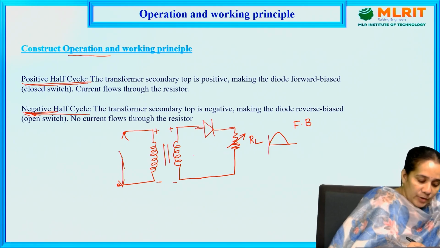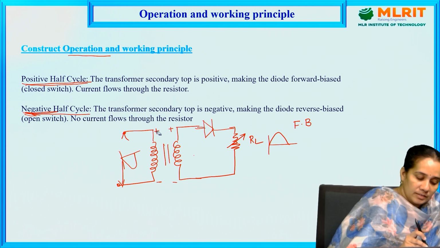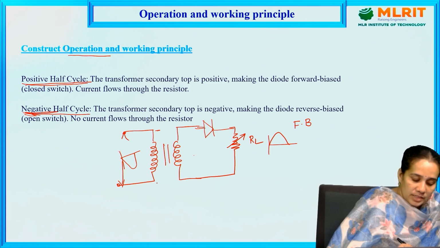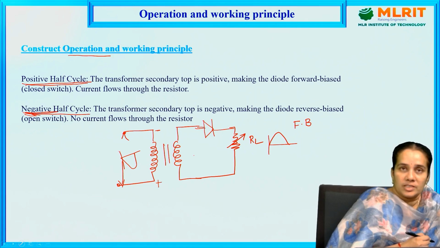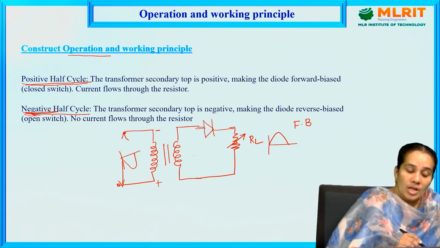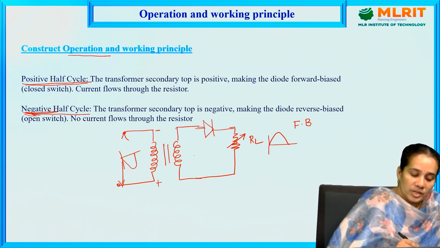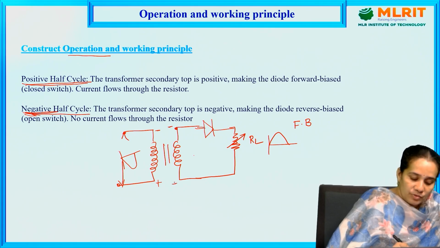The input we are giving is negative. Then this terminal becomes negative and this terminal becomes positive. The same voltage is transmitted to the secondary winding, so this voltage becomes negative and this voltage becomes positive.